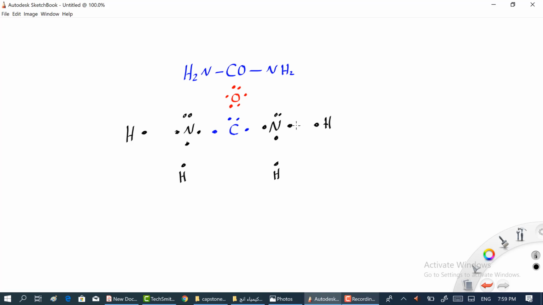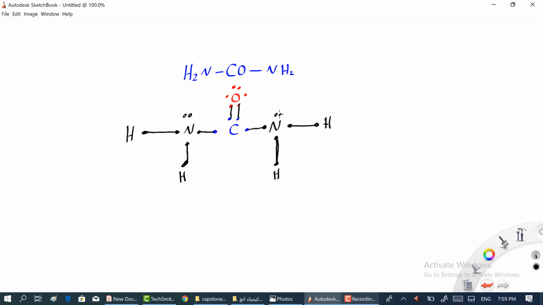Firstly, we'll find the nitrogen attached with this hydrogen by a single covalent bond, and with this hydrogen by a single covalent bond. Hydrogen and nitrogen, carbon and oxygen, then carbon and nitrogen. Looking at each atom, we will find it saturated with 8 electrons.